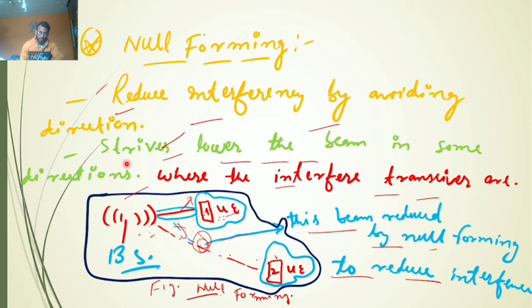Basically, null forming behaves like a filter: it filters the signal and lowers the beam in the directions where the interfering transceivers are. The main work of null forming is to reduce the interference. That is called null forming.